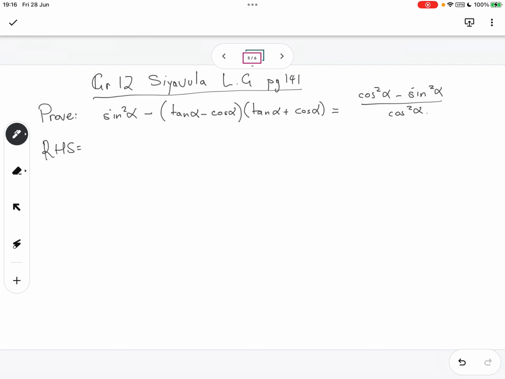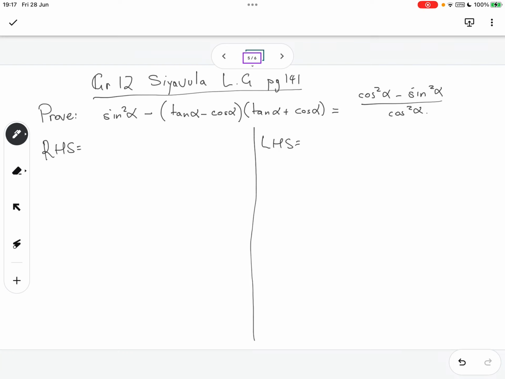We can just simplify each side separately, and then we'll get to a point where both the left-hand side and the right-hand side equal each other. So we can try that. We can look first at the right-hand side or the left-hand side. It doesn't really matter. We'll do both. It's fine.